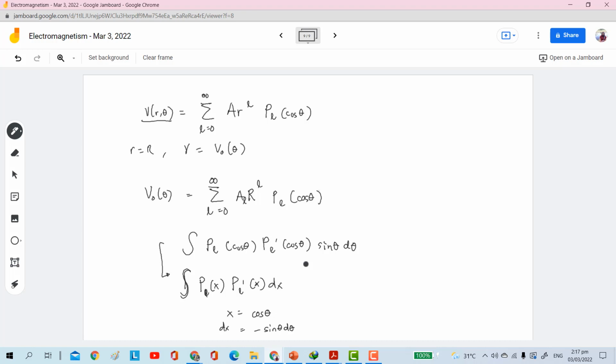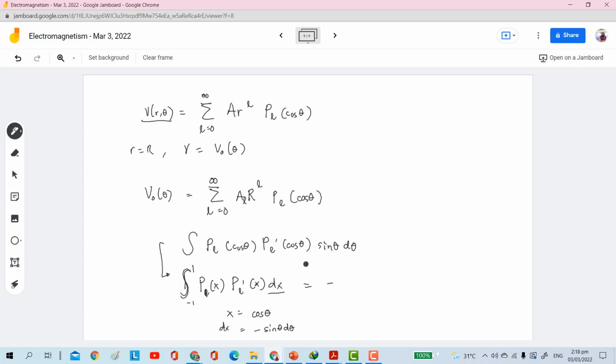So, kung ang atong x kay cosine theta, this is from negative 1 to 1. So this integral, kung si x atong gamiton, ang iyang limit is negative 1 to 1. Okay? Now, if x is equal to cosine theta, therefore your dx is equal to minus sine theta d theta.